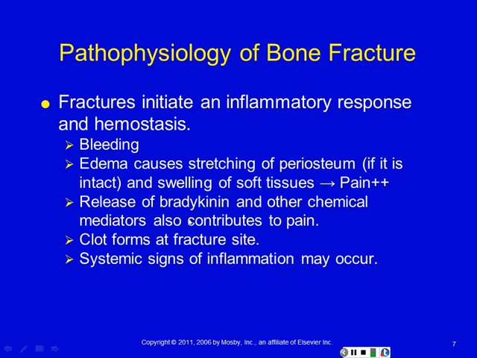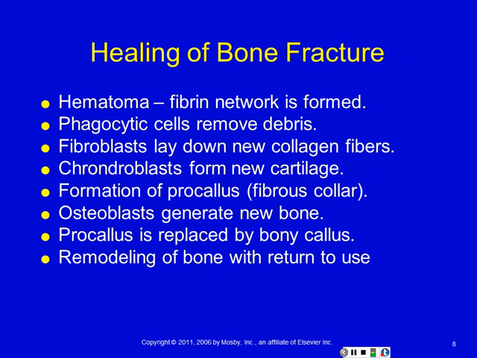Because there's all kinds of inflammatory chemicals that are released to sort of tell the brain that, hey, this is a major injury and not a minor one, and that that area is going to need some care or treatment. So the bleeding eventually forms a clot, and then that clot is what starts the process of healing by forming the internal and external callus.